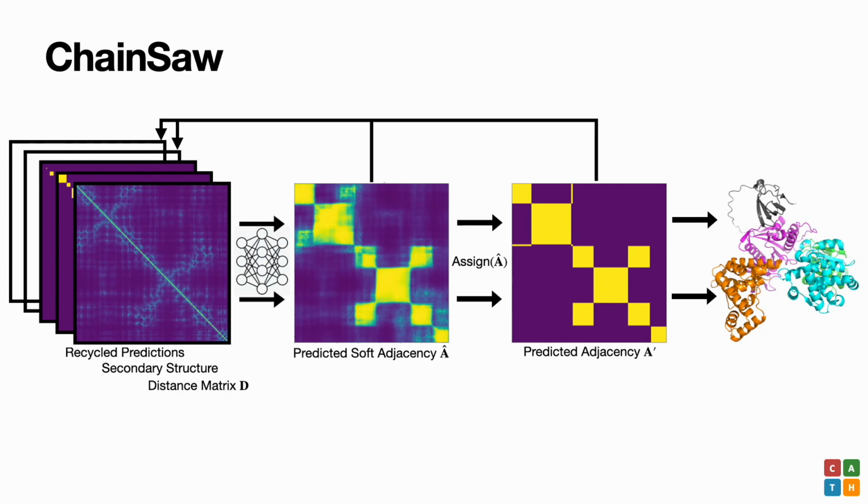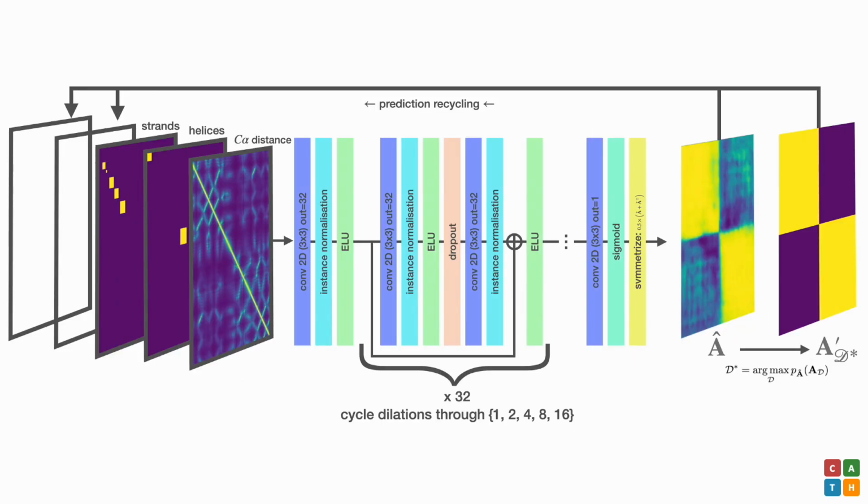The model then takes this matrix and predicts a soft adjacency. Once it finds these boundaries, it goes into a set of recycles, where we feed them back into the model in order to get a proper domain assignment at the end.